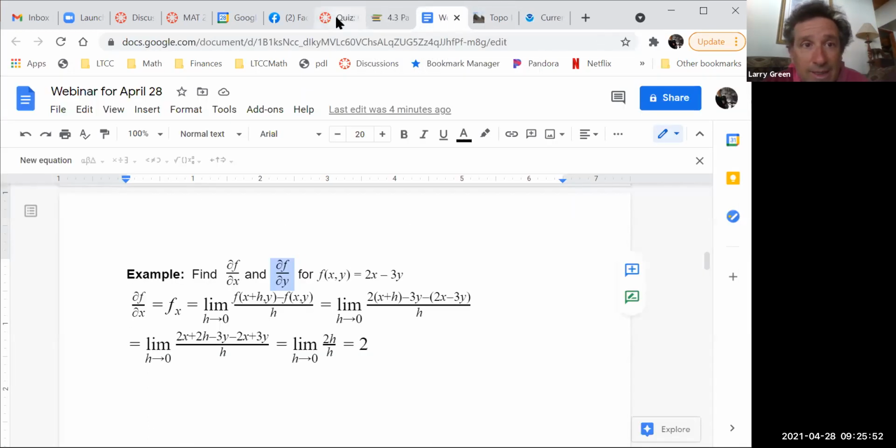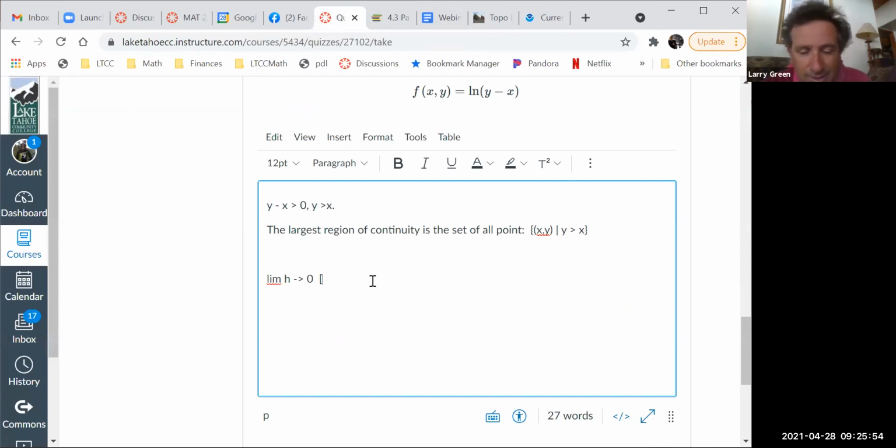So we're going to have 2 times (x plus h) minus 3y, and then minus, now we're going to do 2x minus 3y without the plus h. So we're going to have 2x minus 3y, close the bracket, and then divided by h. I like to put spaces to make it a little easier to see. Does that make sense?